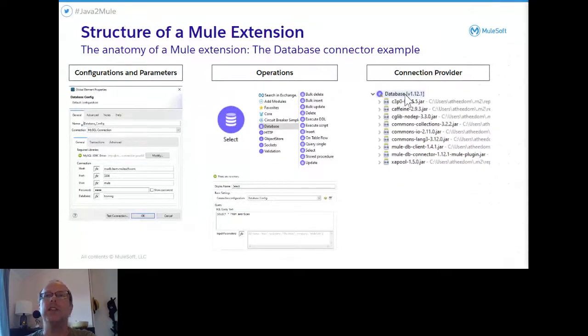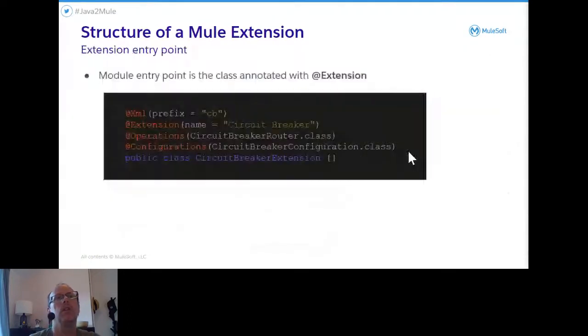And in this particular instance, there's a lot. C3PO is used for managing the pool. We have the commons collection that's used, I think in this case, for dealing with arrays. And then we have the MuleDB client, MuleDB connector, and various other pieces in order to handle those connections and so on and so forth.